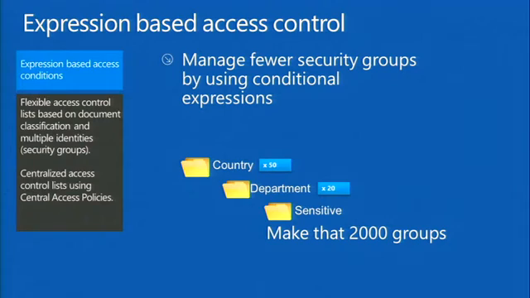So you can say allow this group, or this group, or this group. And of course, that's a problem because then you need to have 2,000 groups to represent this kind of tree structure. What if we could use ANDs? So the first thing that we did in Windows Server 2012 is the ability to use ANDs in access control. Let me quickly show you how this works.